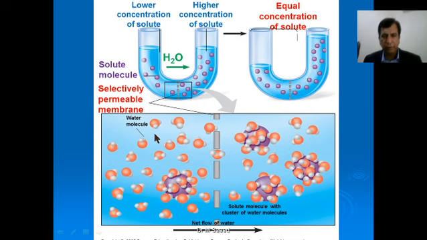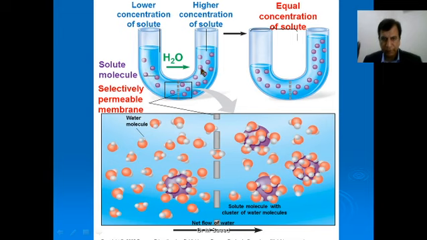This is an example of how osmosis takes place. The two wings of this tube are separated in the center by a selectively permeable membrane, which allows only water to move from this side, the left side, to the right side. No movement of solute.